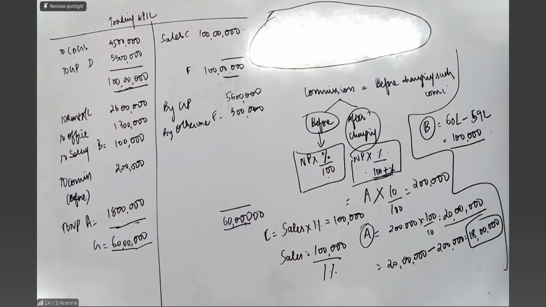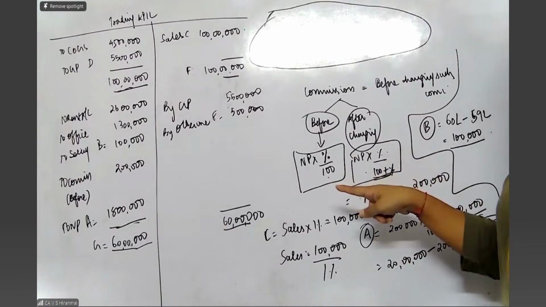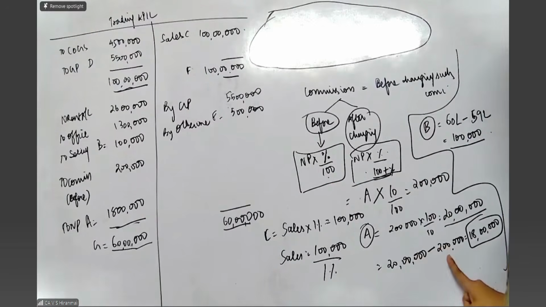That is what I told. Coming back to A, the net profit you will find using this percentage. But after you get the net profit, don't forget to subtract the value of this particular 2 lakhs, which is your commission.